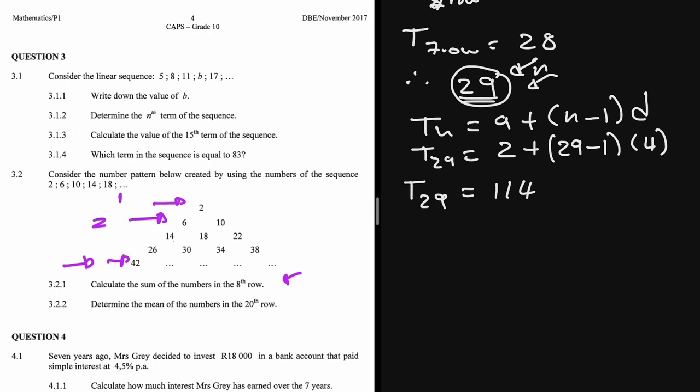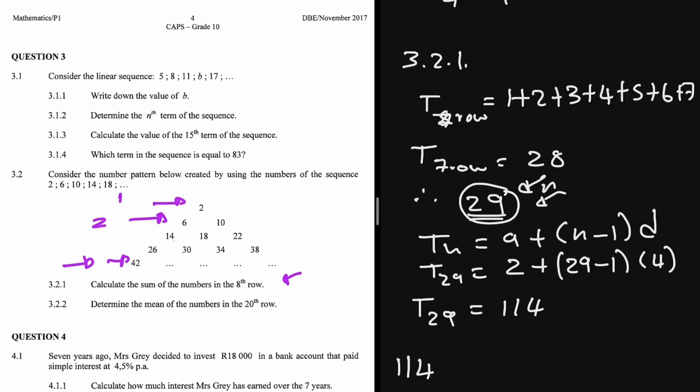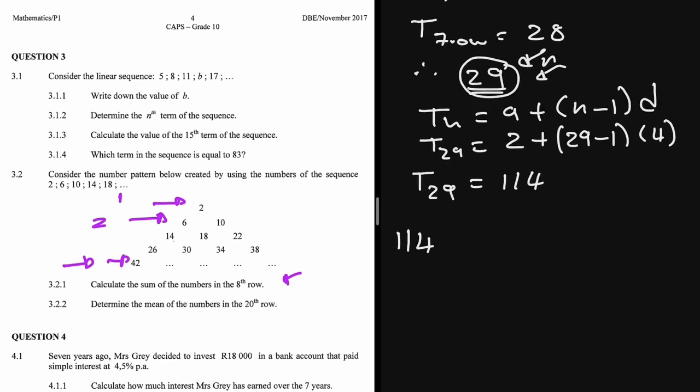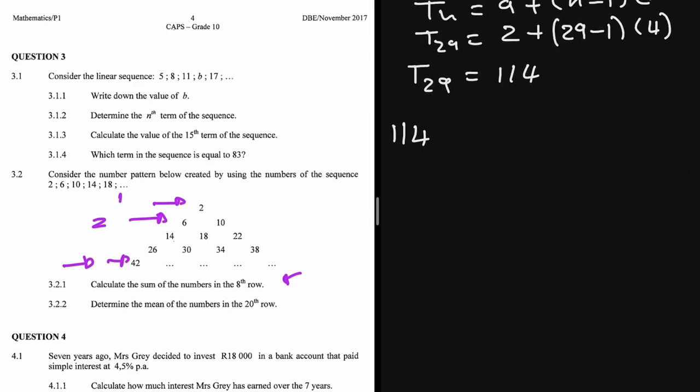So the first term of our 8th row is going to be 114. So therefore, to get the next 8 terms, we're just going to add 4 to the term so that we get those 8 terms we are looking for. So this is just going to be 114, and then we're going to have 114 plus 4, which is going to be 118. 118 plus 4, and that is going to be 122.